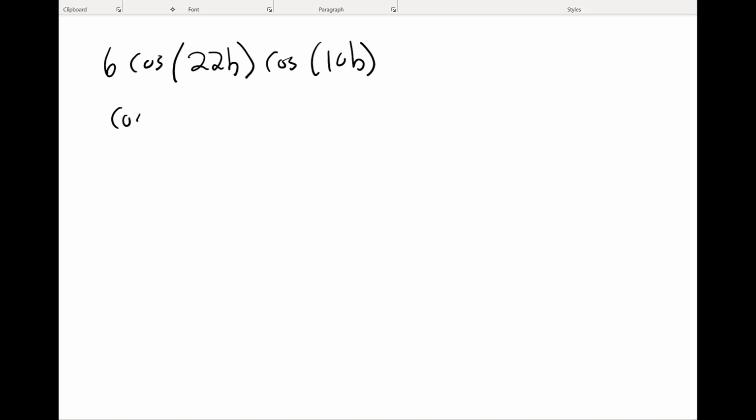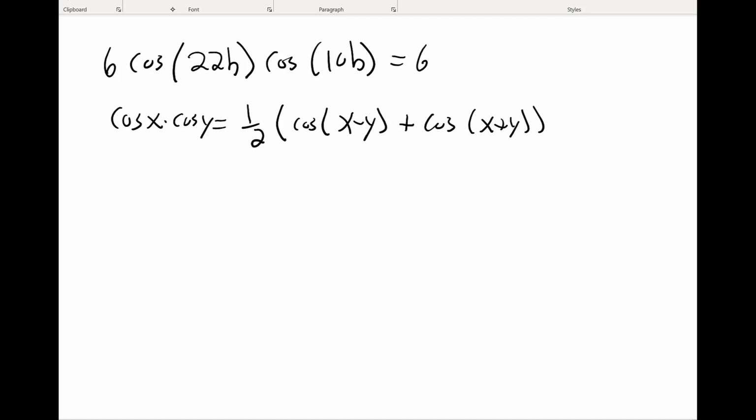It says write the product as a sum or difference. So we will have 6 times cosine of 22b times cosine of 10b. So what's our formula for a cosine times a cosine? Well, cosine of x times cosine of y is 1/2 of cosine of x minus y plus cosine of x plus y.